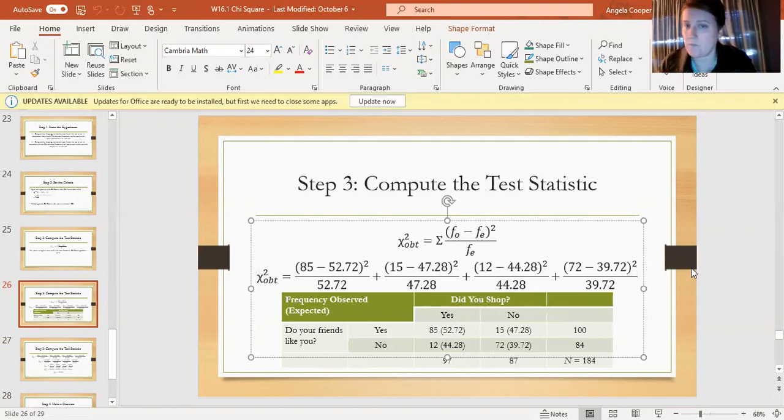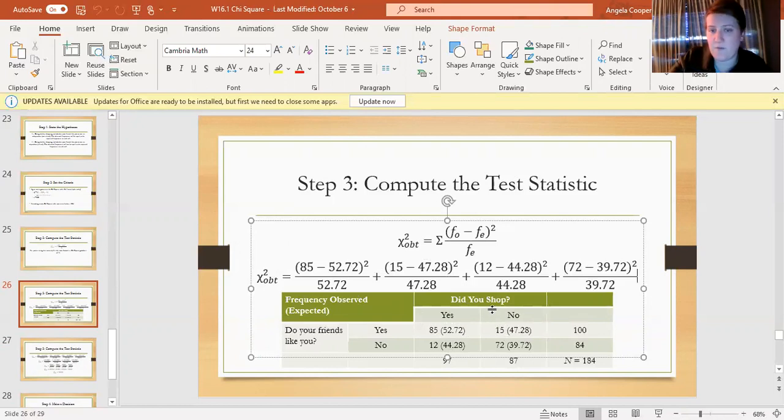So we'll start with the first one, 85 minus, so our observed frequency of 85 for yes and yes, minus 52.72, squared, divided by 52.72, the expected frequency. I believe I keep saying observed when I should say expected. My apologies.